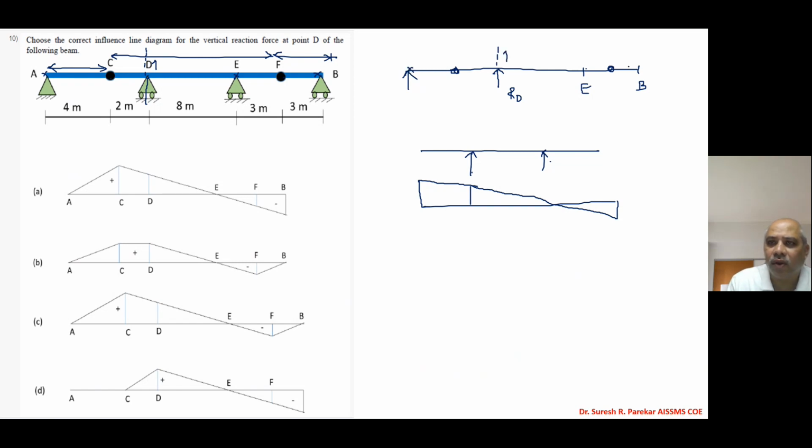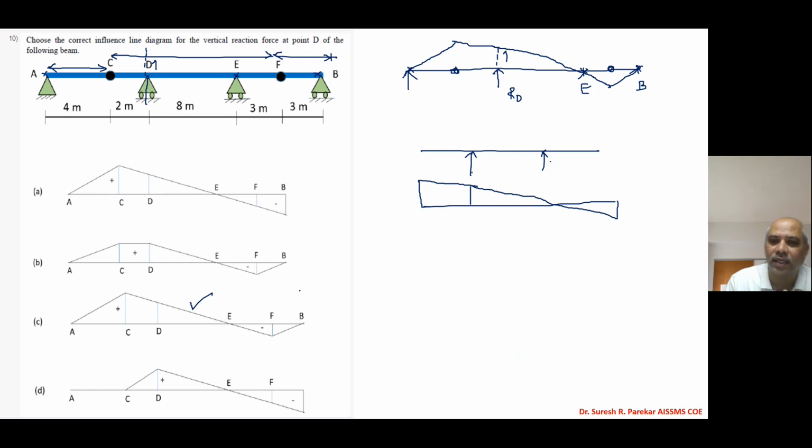The value at this is 0, at this 0, at this 0. So now C to F is one beam. I know the two points, so I will plot it. Now I know the value at B is 0, I will connect it. The value of A is 0, then I will connect it. Then the diagram will be in this fashion, and this is the diagram.